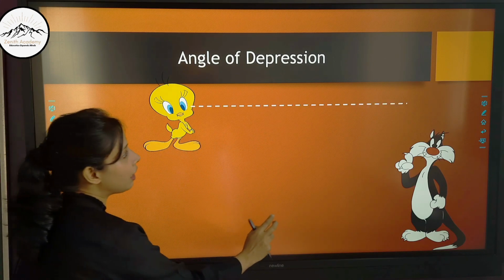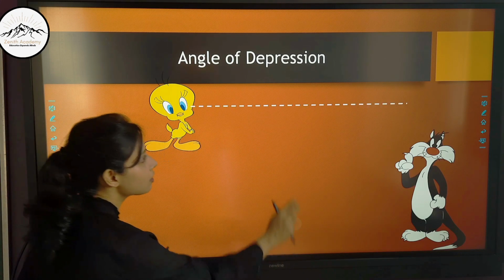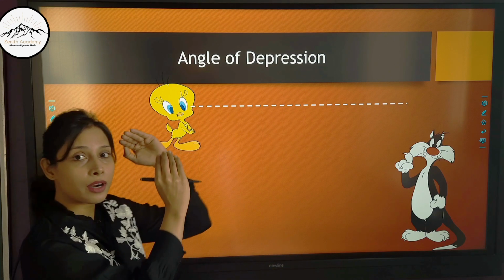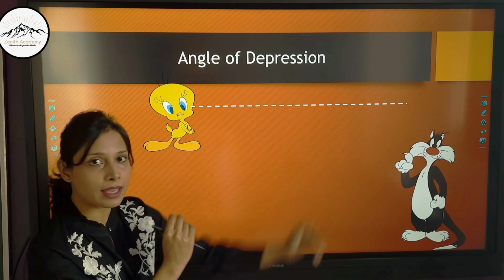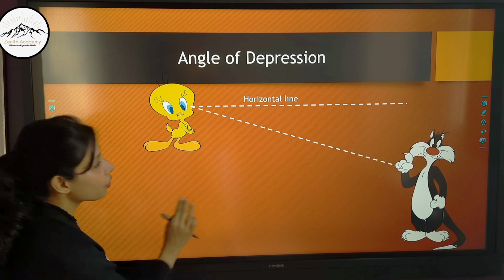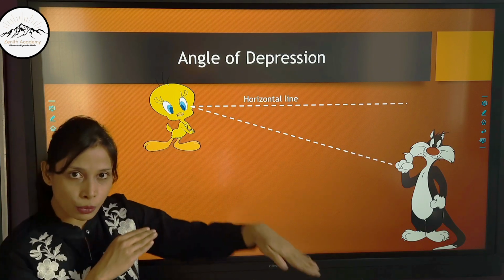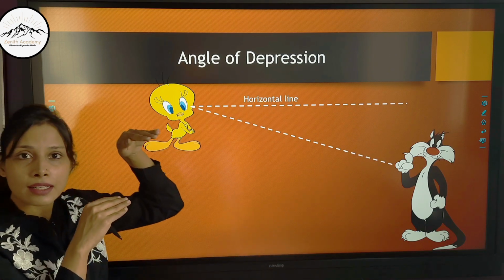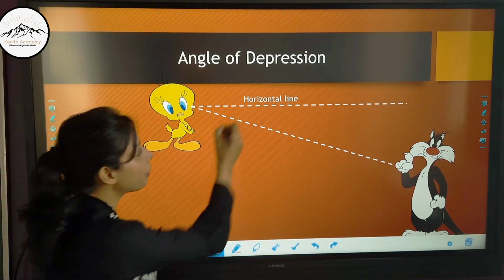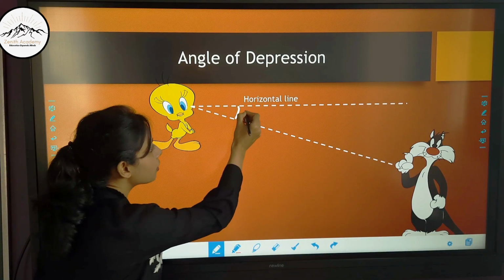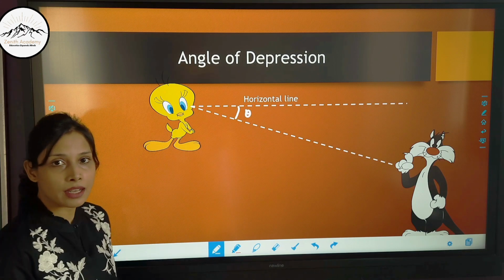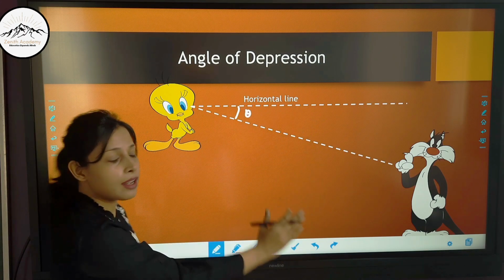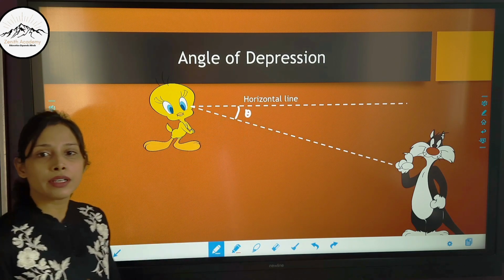This is our straight line. Now, with this horizontal line, when the bird is looking downwards towards the cat, line of sight will change, it will lean downwards, and when the line of sight is leaning downwards, it will form an angle of depression. That is, let's suppose this is theta with this horizontal line, and this is called the angle of depression.